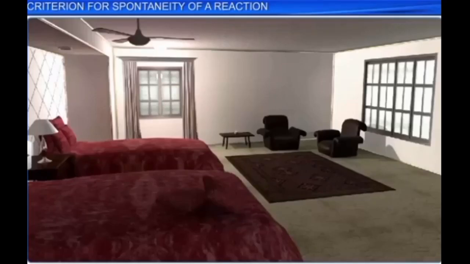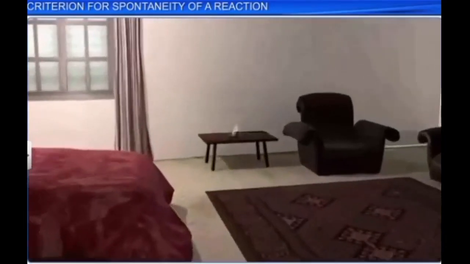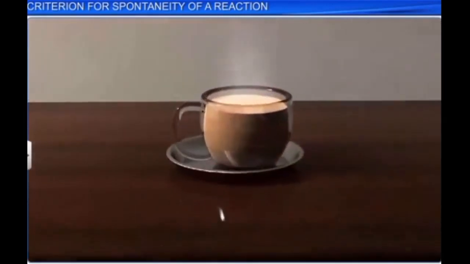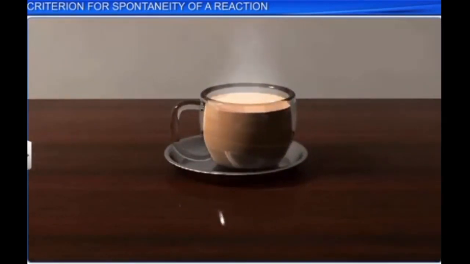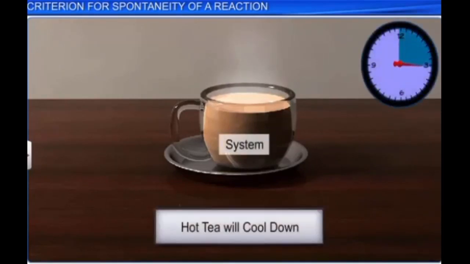For example, if we keep a cup of hot tea in a room, we observe that the heat is transferred from the cup to the room. Thus, after a while, the hot tea cools down. Keep a cup of tea, which is at room temperature.